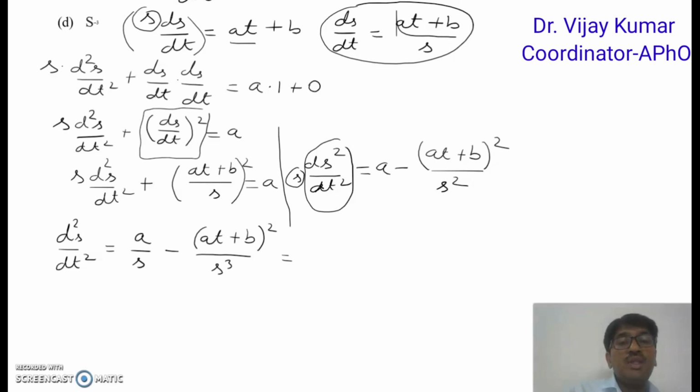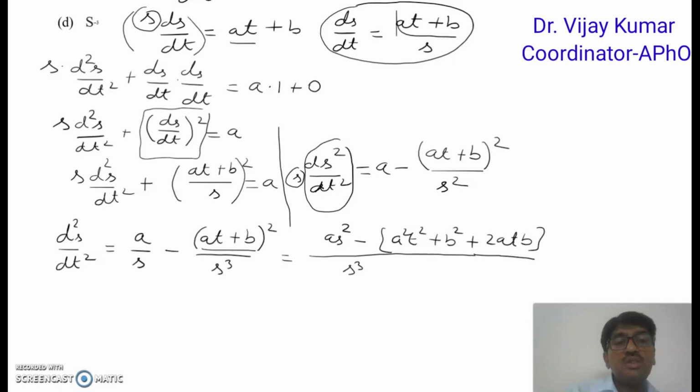And if we take the LCM of s cube, it becomes as square minus whole square of at plus b. It becomes a square t square plus b square plus twice atb. This is at plus b whole square, and again this is s cube divided by s cube.